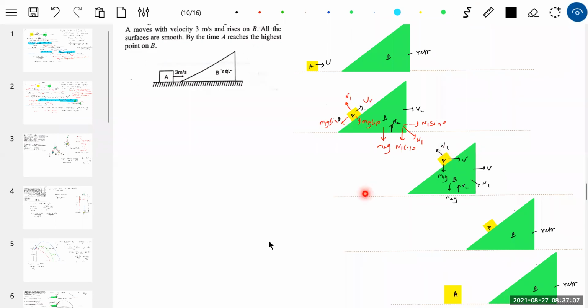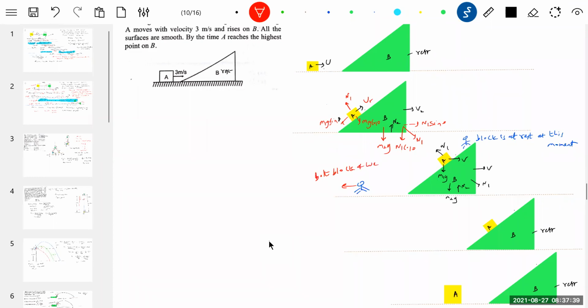Then from the ground frame, both are moving with a common velocity. Because of the component of weight, now the block will start moving with respect to the wedge. Now, if you stand on the wedge, the person on the wedge, what does he say? The block is at rest at this moment. The person on the ground, what will be the comment?